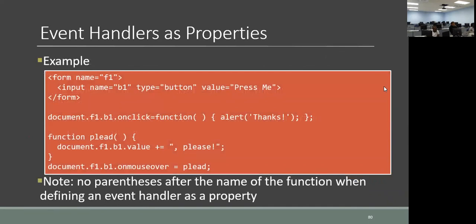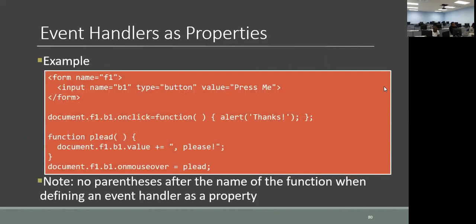When we look at this example now, the form, you have event handlers as properties. You have input name B1, which is a button, and it has a value of press me. Then inside here, we have our HTML, which is the first 3 lines, right? And then the next set of code is outside of HTML; this is our JavaScript.